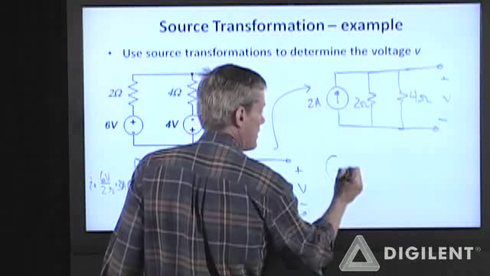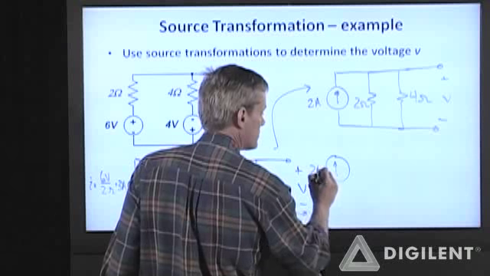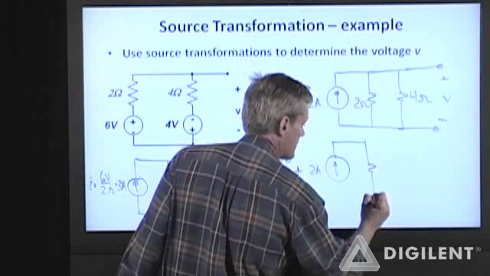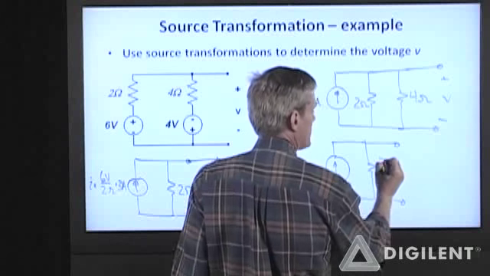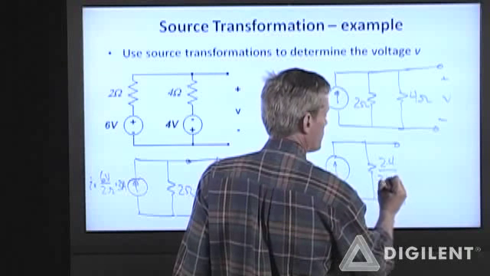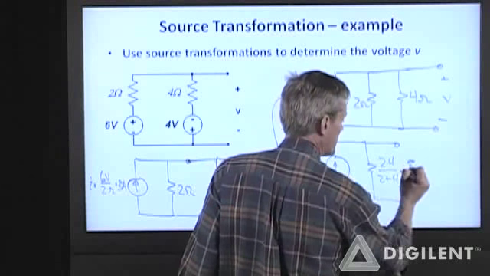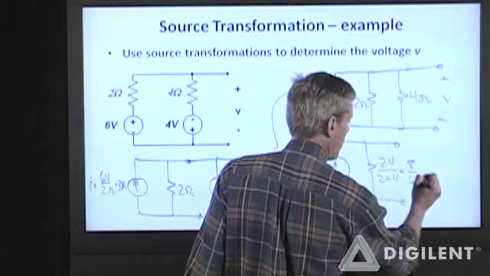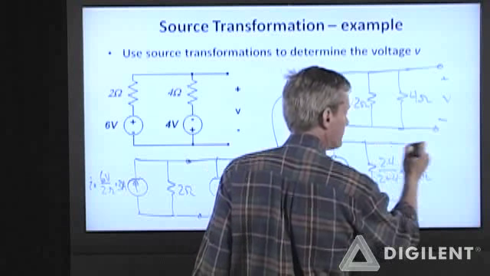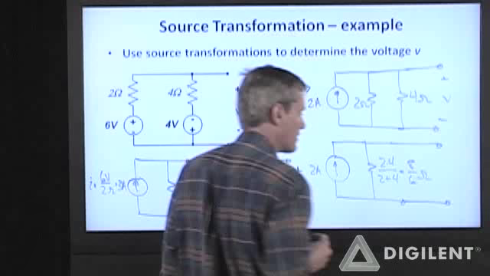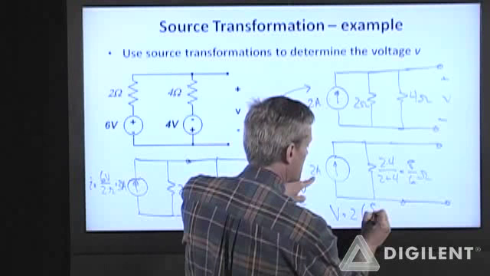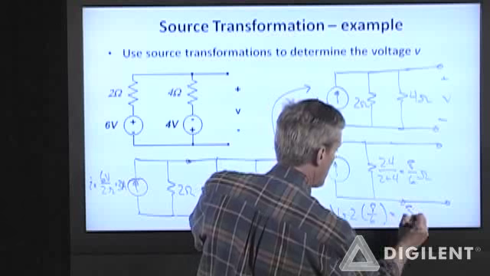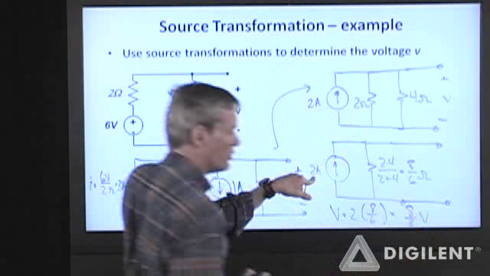This looks like a 2 amp source with a single resistance. 2 ohms in parallel with 4 ohms is 2 times 4 over 2 plus 4, which is 8 over 6 ohms. So now my voltage, V, is 2 times 8 over 6, or 8 over 3 volts.